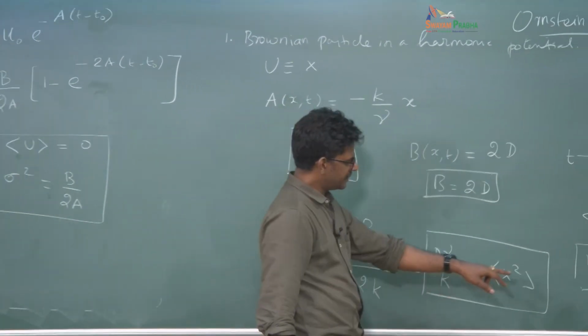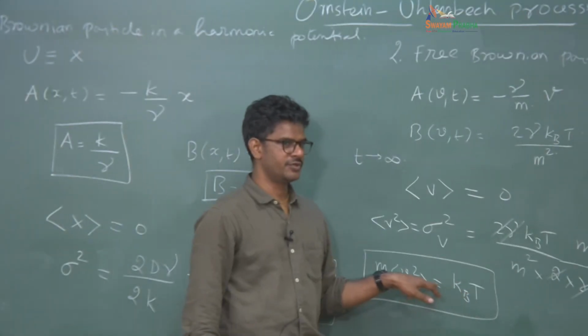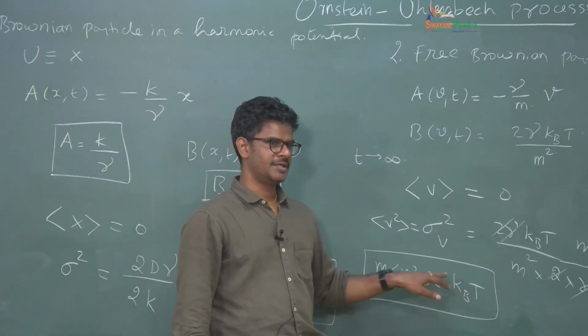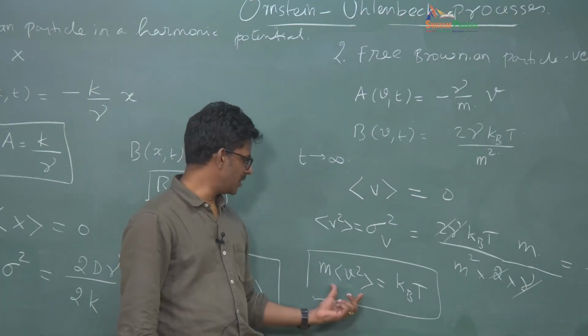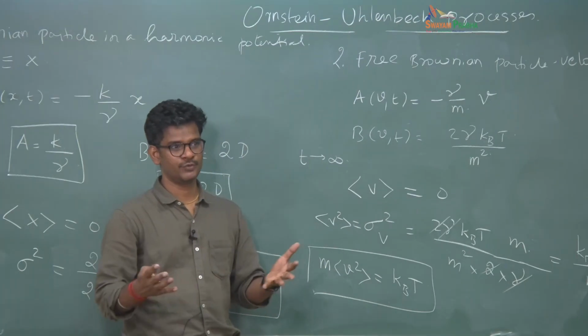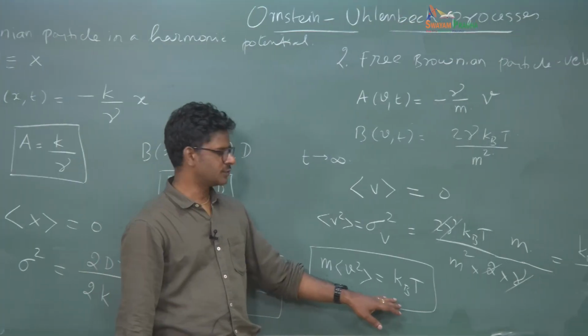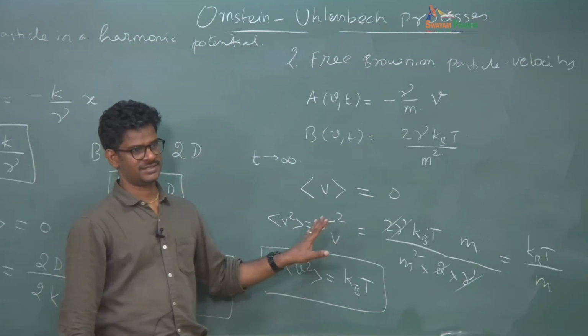If you recollect, we used this kind of equipartition principle when we dealt with the Langevin equation for free Brownian particle, to write what the magnitude of the fluctuating force has to be. Okay, so that's what we prove here also, so that they are all consistent.